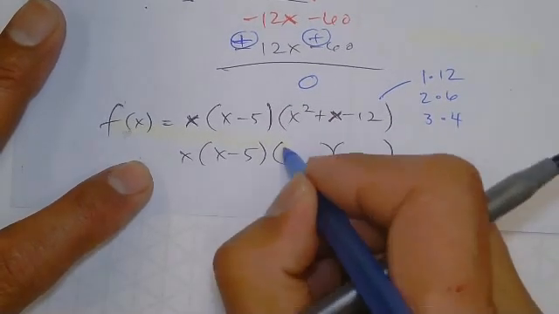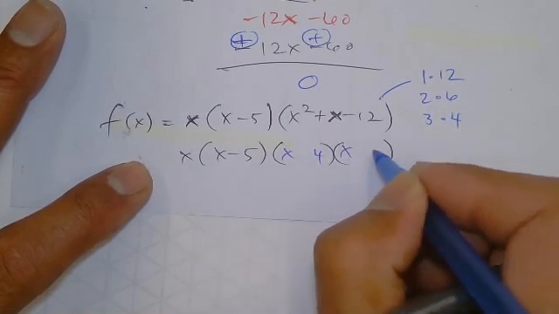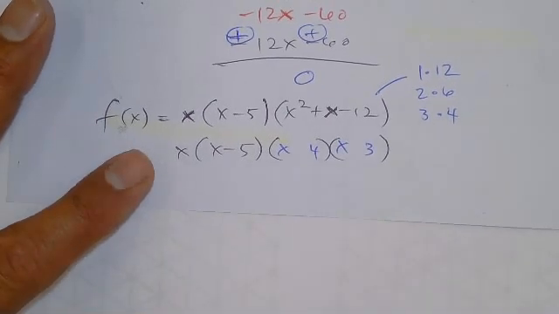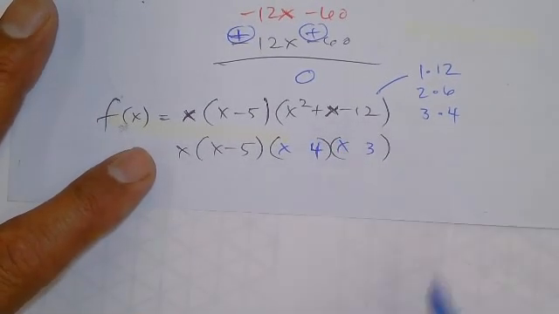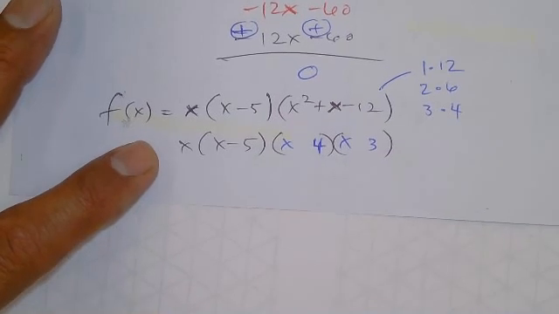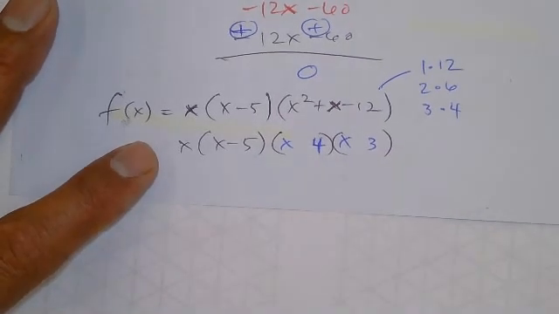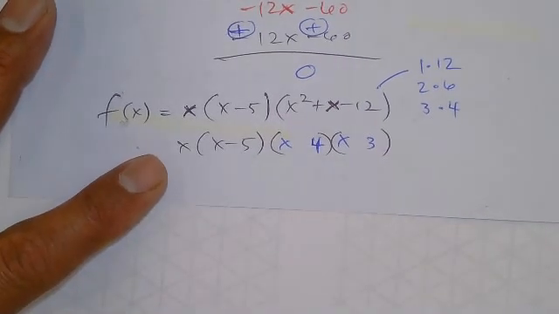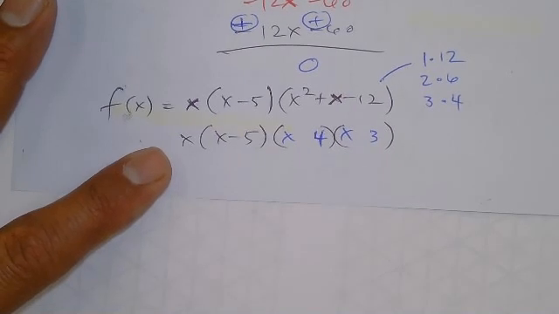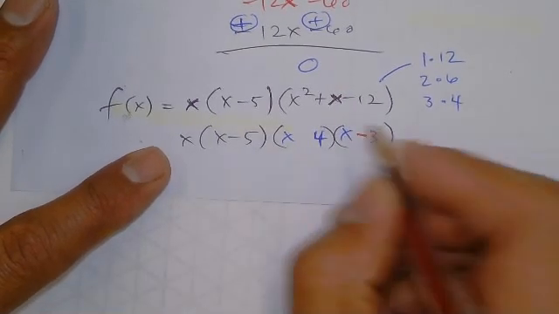Remember, make your list of factors of 12. 12 is 1 times 12, 2 times 6, 3 times 4. A 4 and a 3, and it doesn't matter where I put the signs, you better believe it. Which one's what sign? They're both negative, they're both positive, one positive, one negative.